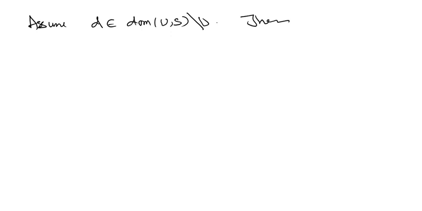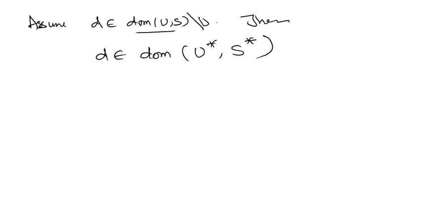Then D belongs to the dominion of U star in S star. Can you verify this one? If D is in this dominion, which is not in U, then D must be in the dominion of U star in S star. In fact, this is actually if and only if.